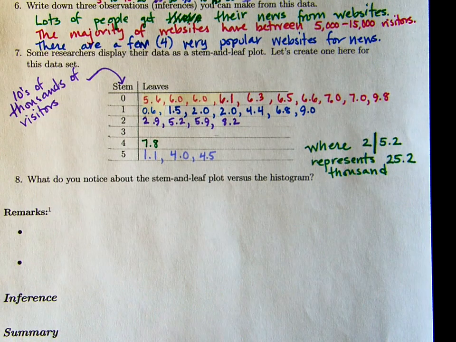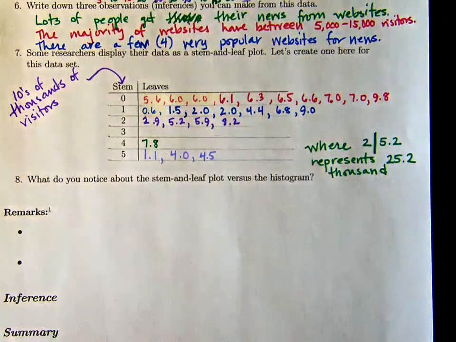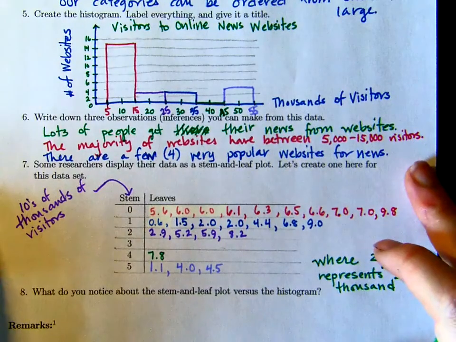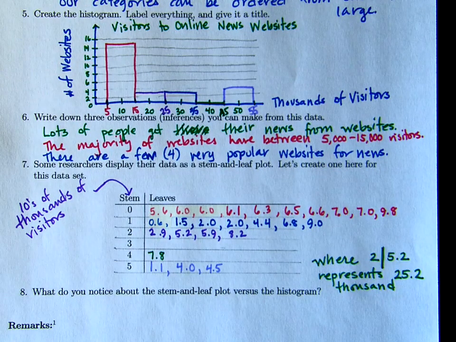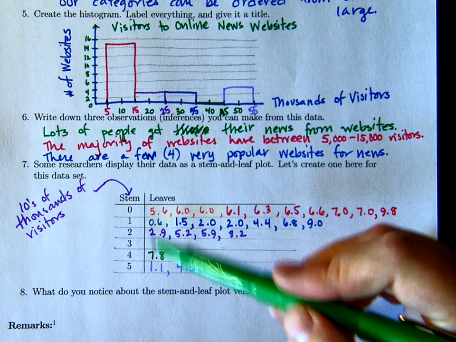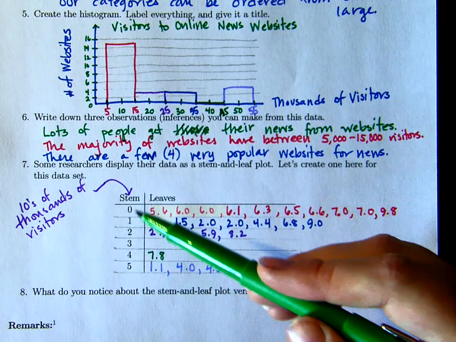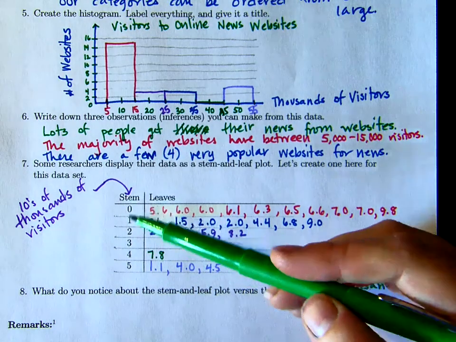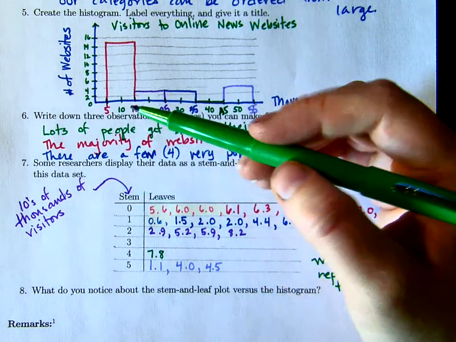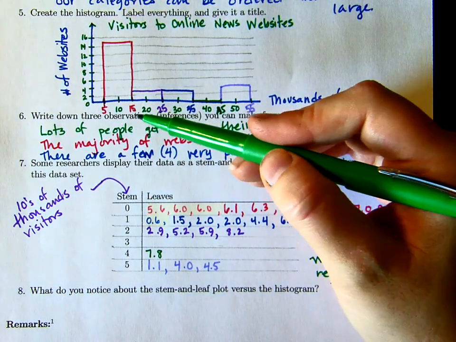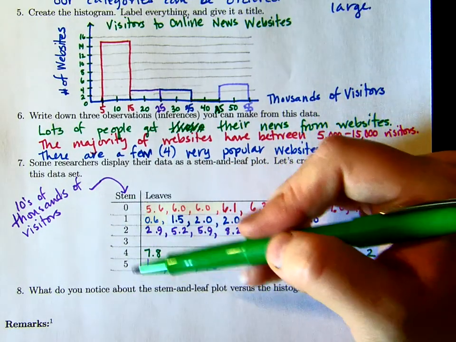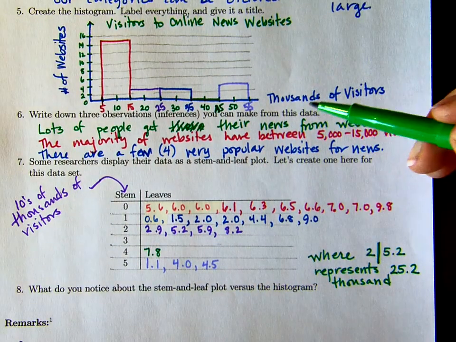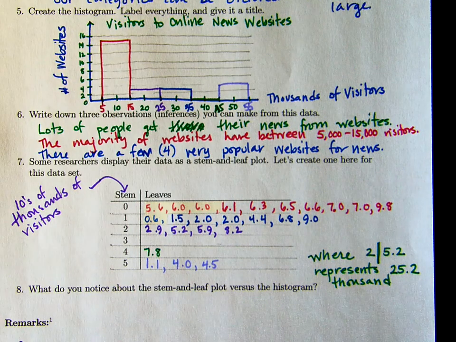Okay, well, where did I put our histogram? Oh, right there. I noticed the following. I see that this has done different ranges. So from 0 to 10,000. Up here we had from 5,000 to 15,000. So this is also putting it into ranges of numerical classes.